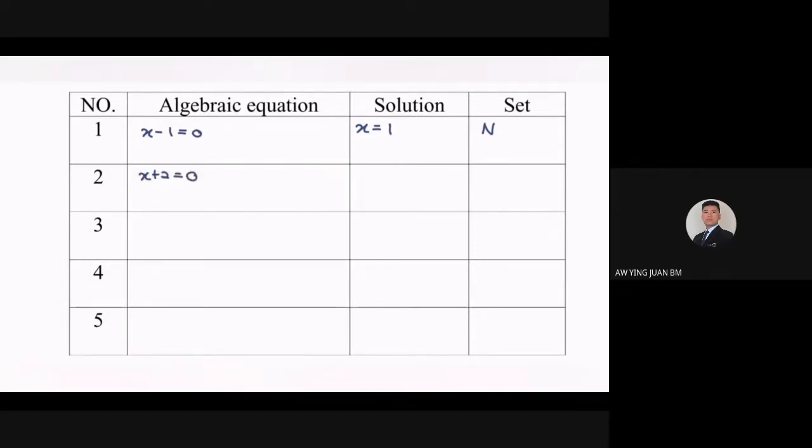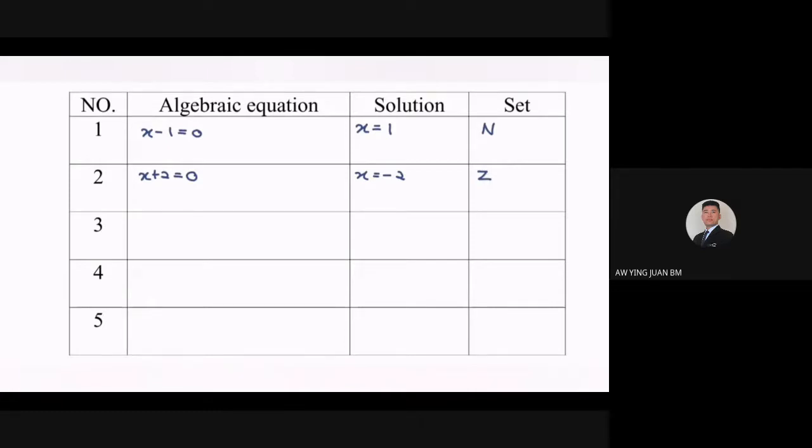What is the solution for this equation? The solution would be x equals negative 2. Now we are out of the counting numbers world. Negative 2 is not a counting number and it is not a natural number in the technical sense of the word. We denote it as an integer with the symbol capital Z.